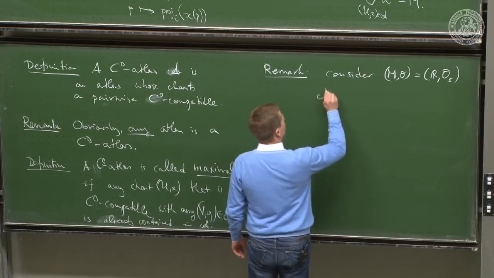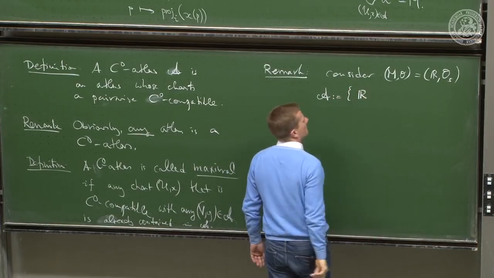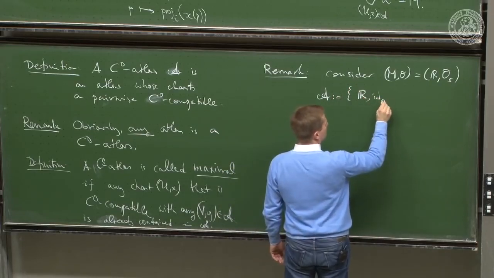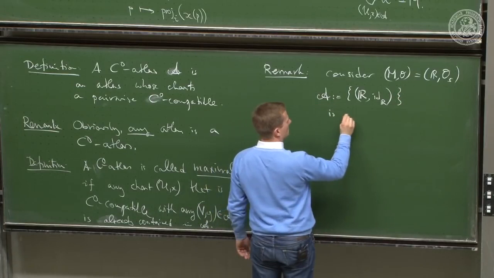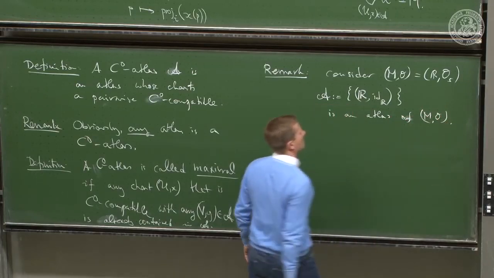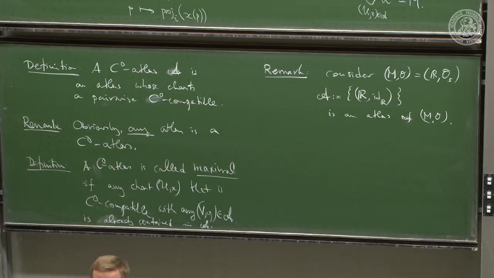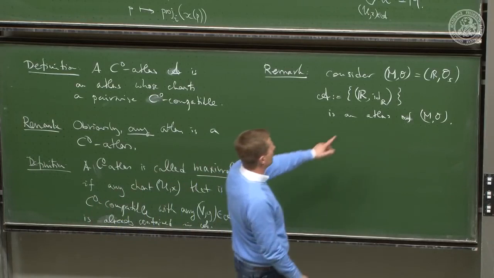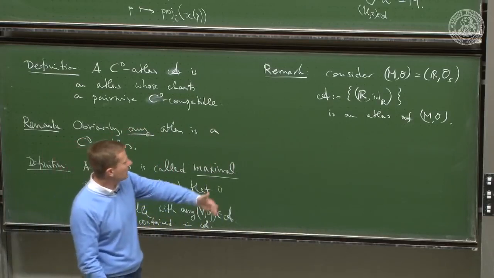For this one-dimensional manifold, I claim that taking the entire line together with the identity on R is an atlas of this manifold M0. Well, that's what you usually do. You say, if all of physical space is R, then I can obviously use 1, 2, 3, 4, 5, pi, 7.5, and so on as coordinates on there in this fashion. So you have an atlas. You need only one chart to cover all of R.